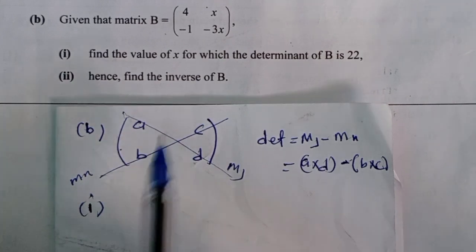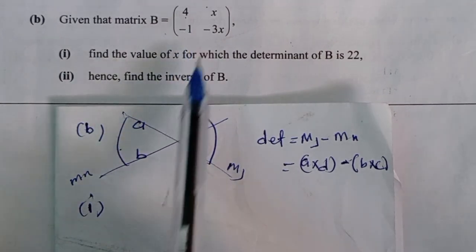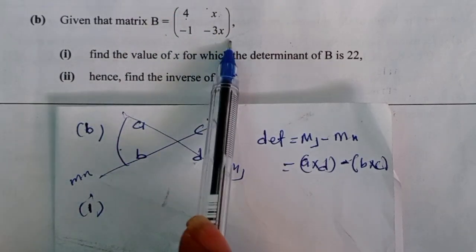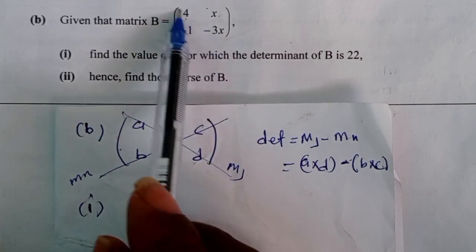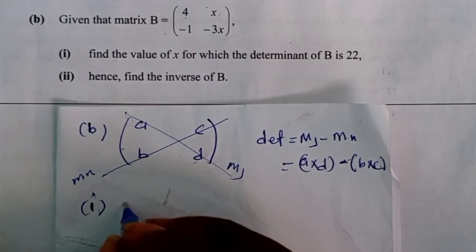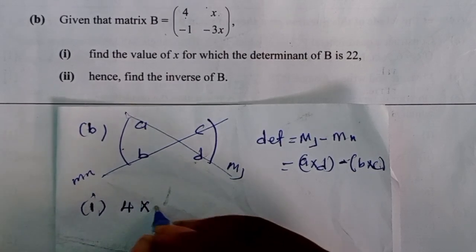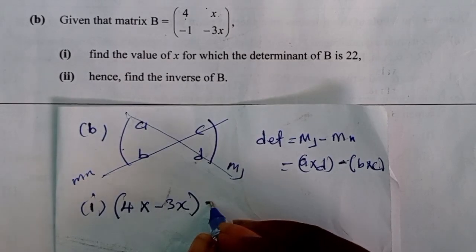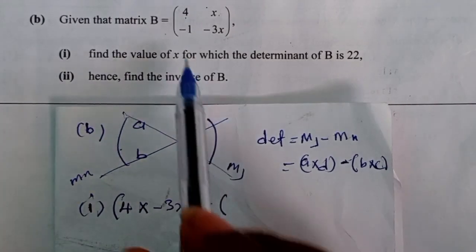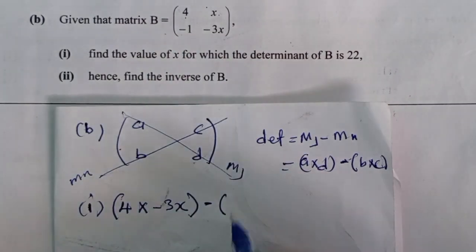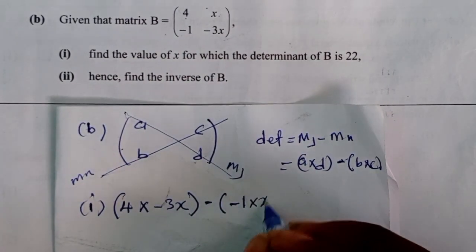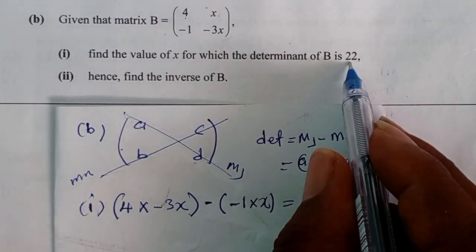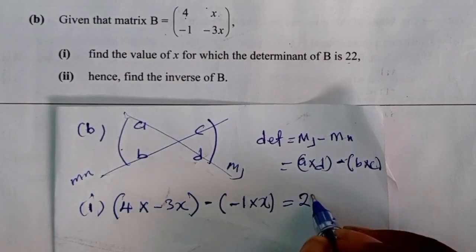So part 1. The matrix given is 4, -1, x, -3x. This is the major diagonal. So the major diagonal is 4 times -3x, minus the minor diagonal, which is -1 times x, equals the determinant, 22.